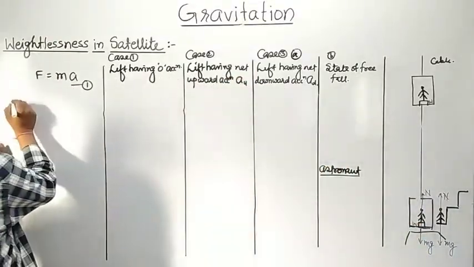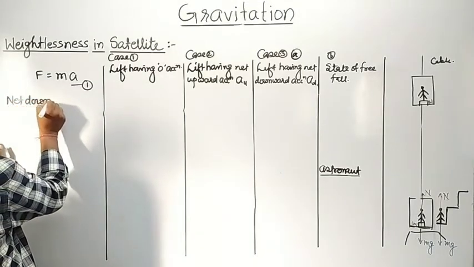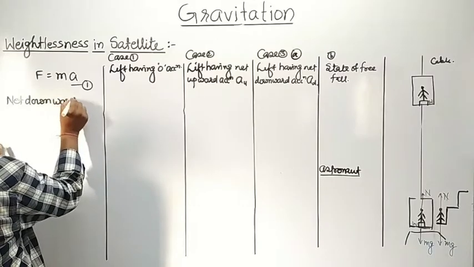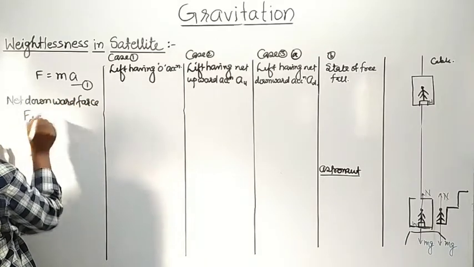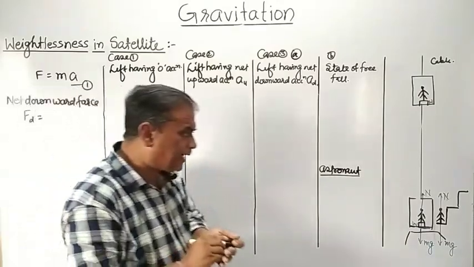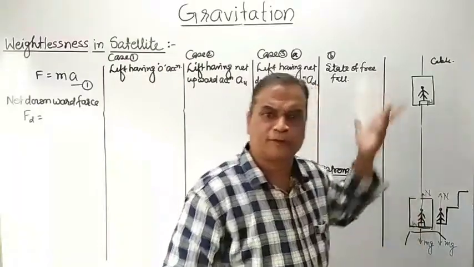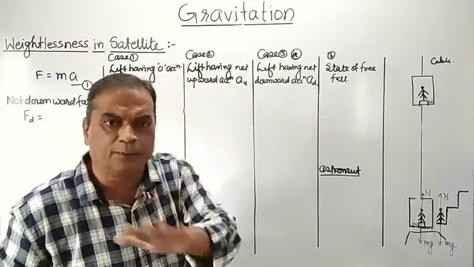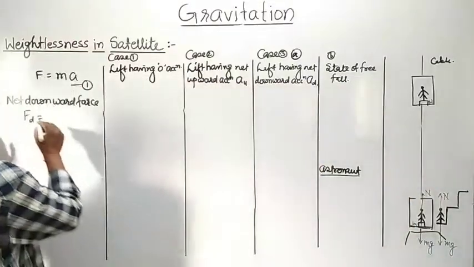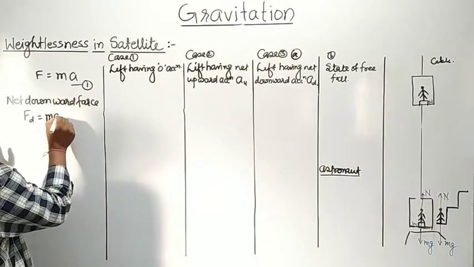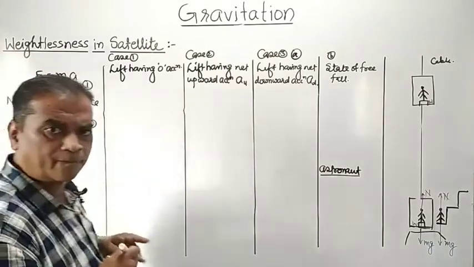So the net downward force F suffix d is equal to... now, how to find the net downward force? One force is in the downward direction, the other in the upward direction. The net force is downward only when mg is greater than N. So the net downward force acting on the passenger is mg minus N.